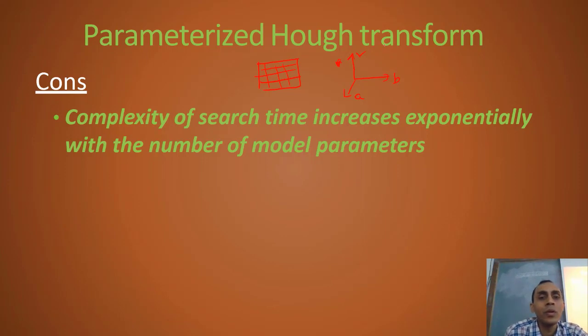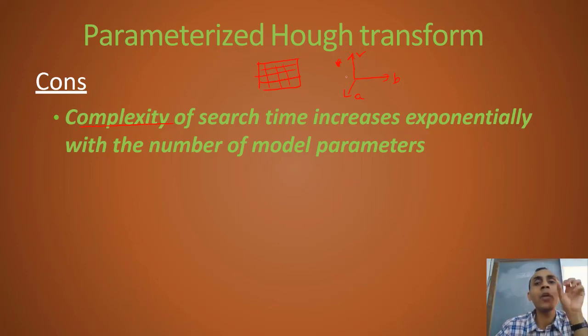So the problem was that the complexity of this Hough space, and the search within that space, will increase exponentially with the number of model parameters. As the model parameters increased, the voting procedure became more and more difficult.